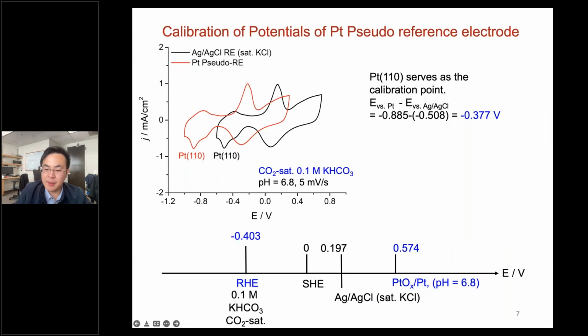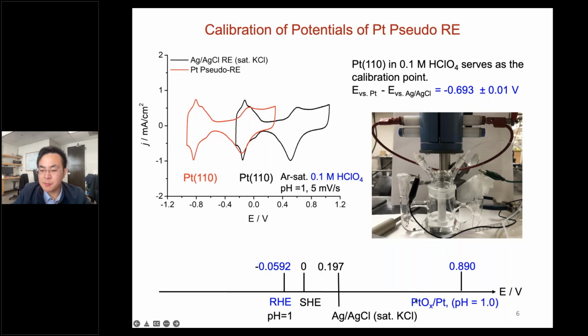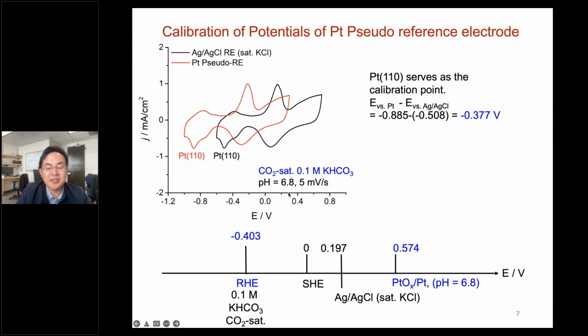So we can know where the potential of the platinum pseudo reference is on this potential scale. This is pH 1, which is almost the starting point one often uses for platinum calibration in liquid cell TEM. If we move to pH 7, this is in a buffered carbonate solution. In the carbonate solution, we can go through similar math and eventually figure out the potential of the platinum in this case.